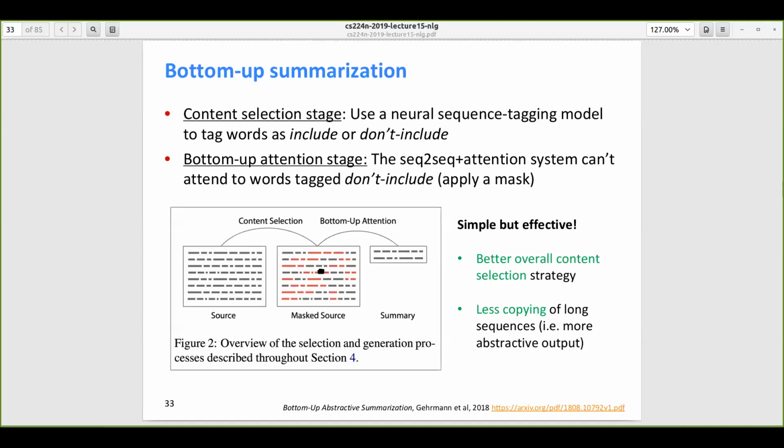This way we have a better content selection strategy, and also the copying mechanism doesn't really copy long sentences or long phrases. It is constrained to shorter spans. That way what we get is more of an abstractive output than an extractive output.